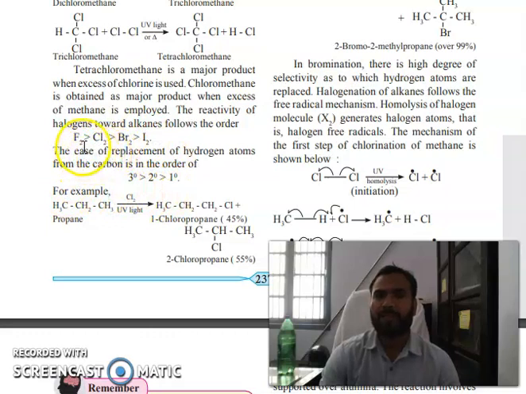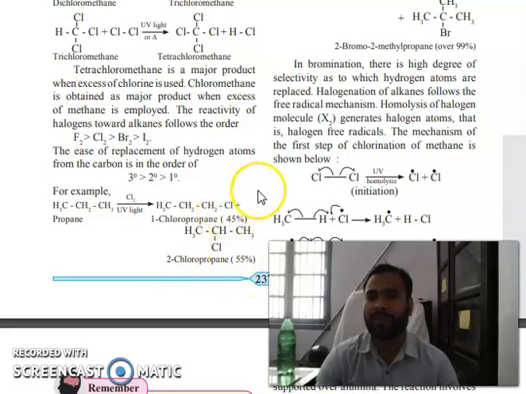If you have fluorine, Cl2, Br2, I2, and 3 degree, 2 degree. If you have propane, then you have two products. One product is predominant over the other product. So this is 1-chloropropane and this is 2-chloropropane.